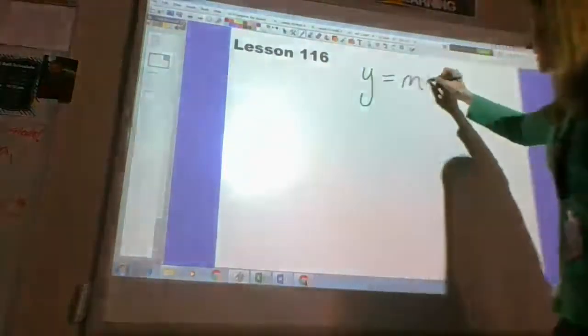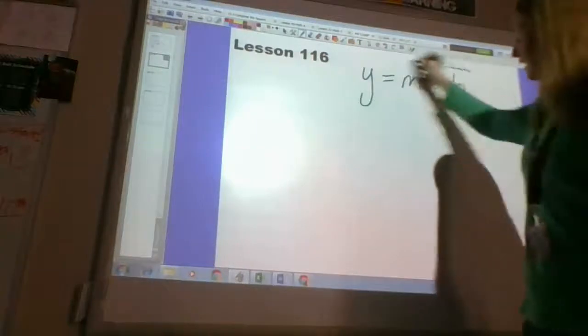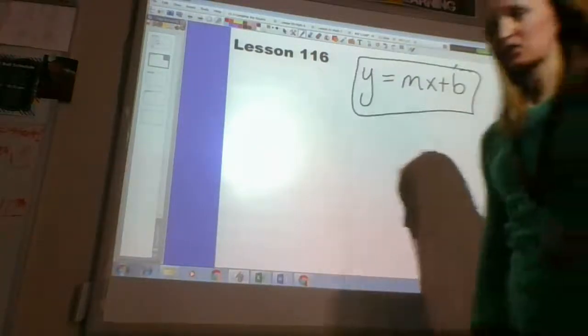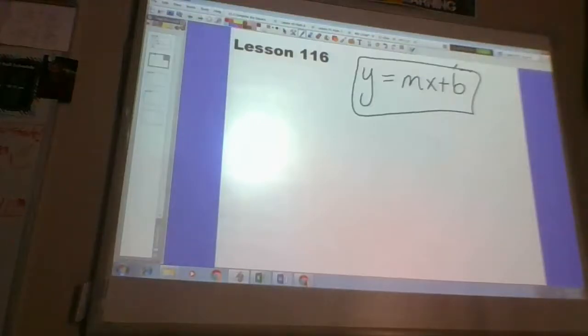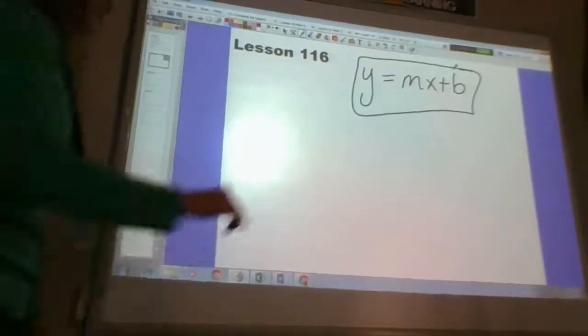Now, for today, here is the bread and the butter of not only today, but next year. Slope-intercept equation. So, please write down this nice thing. Y equals mx plus b. Y equals mx plus b.